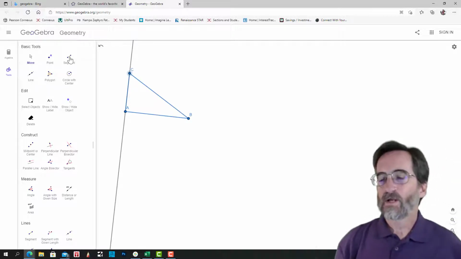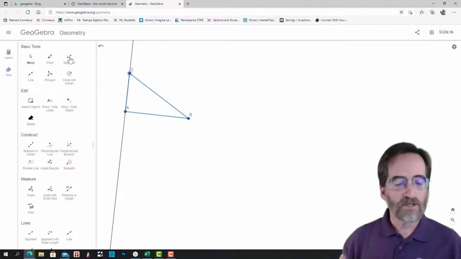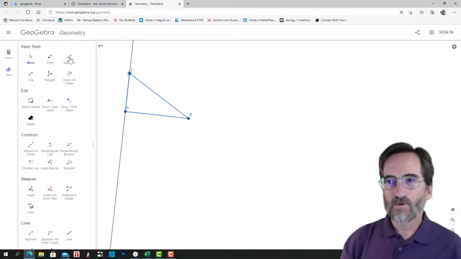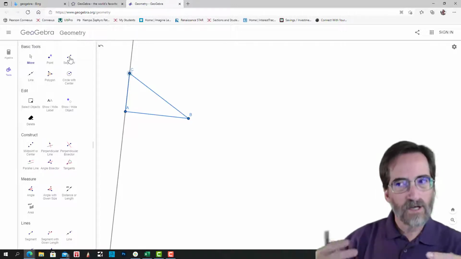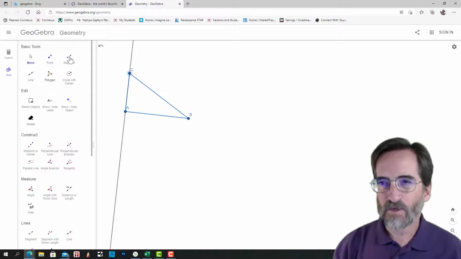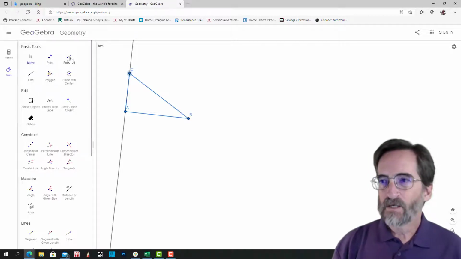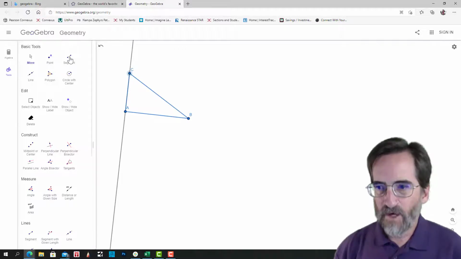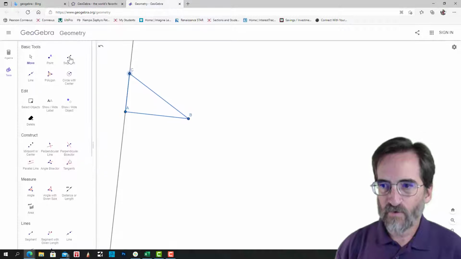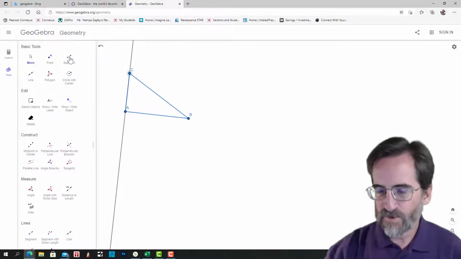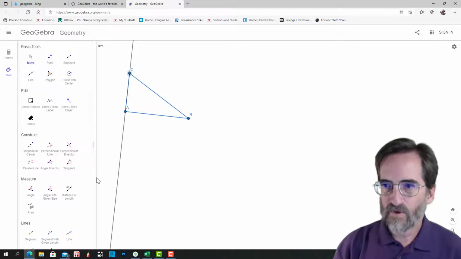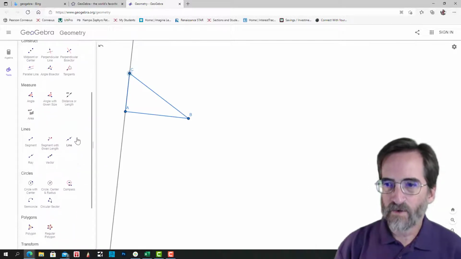So I need to construct another triangle that has a right angle and whose leg and hypotenuse match. Okay, so we're going to start with another right angle. Let's do it this way. I'm going to use my compass tool, which we've used before. I'm not going to use the pen here. Now I can use my scroll.